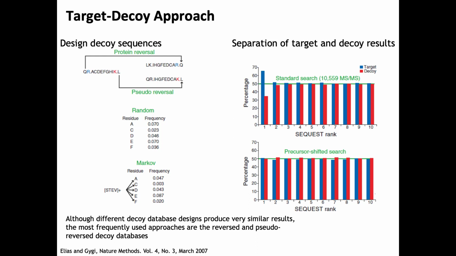So it's randomly hitting the two databases, and that's why it's essential that the target and decoy database have similar size, or identical size, I should say. And that's easily done by reversing it. The number of proteins won't change. But looking at this graph, you can see where your decoys are and where your targets are, and you can adjust this false discovery rate to find as many as you would like.